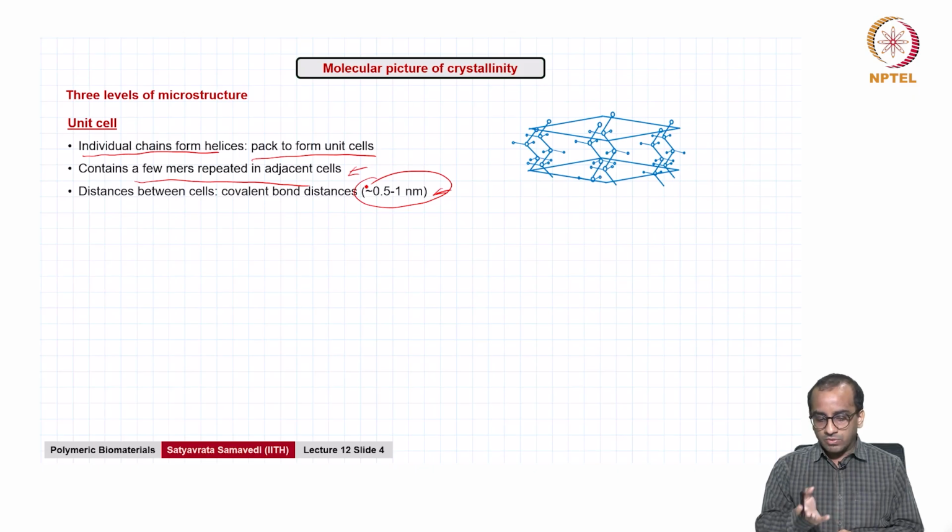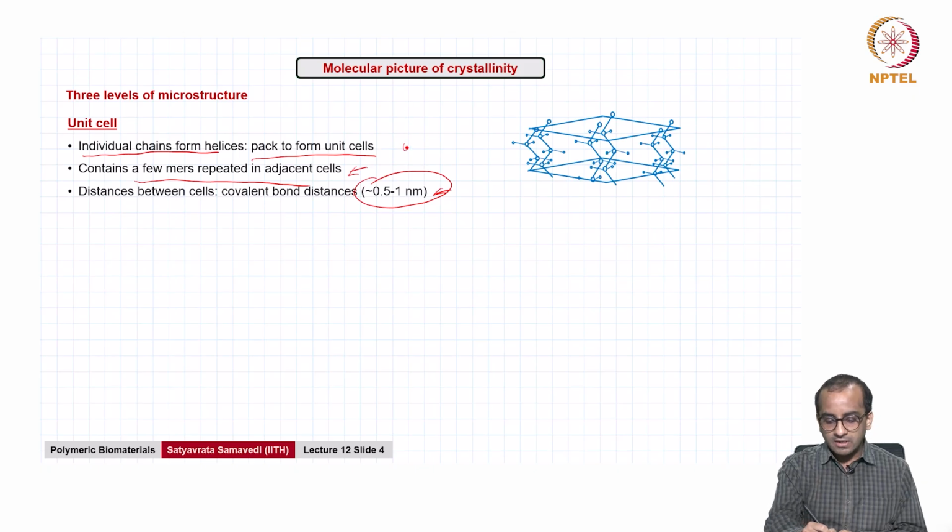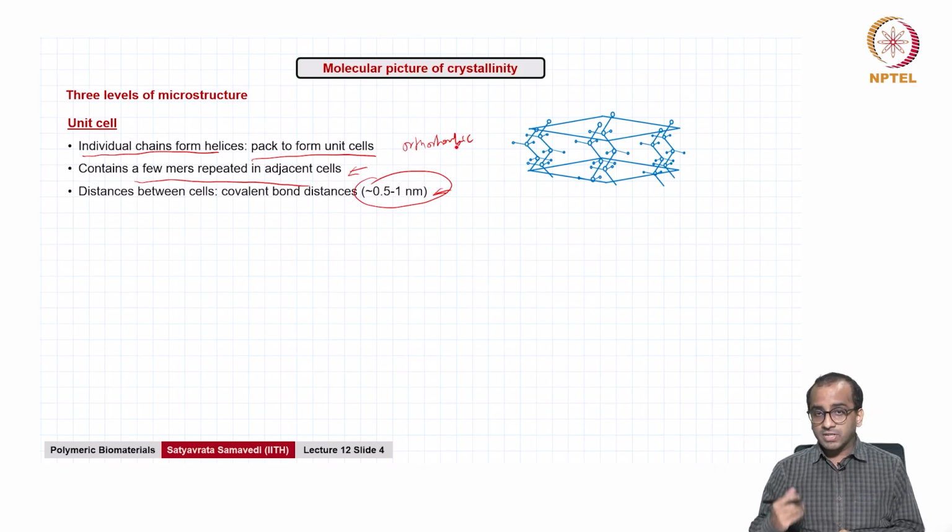And you can have different types of unit cells formed depending on the type of polymer. For example, polyethylene is associated with an orthorhombic unit cell structure.